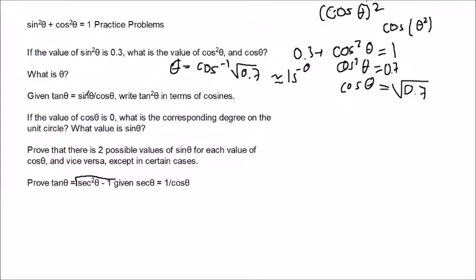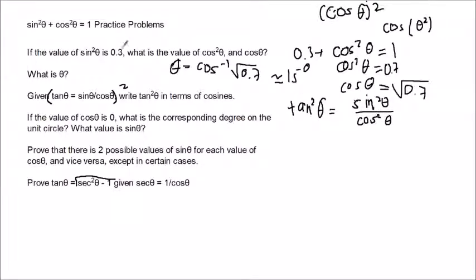If we square this whole equation, tan squared theta is equal to sine theta over cosine theta, so everything gets squared: sine squared theta over cosine squared theta.